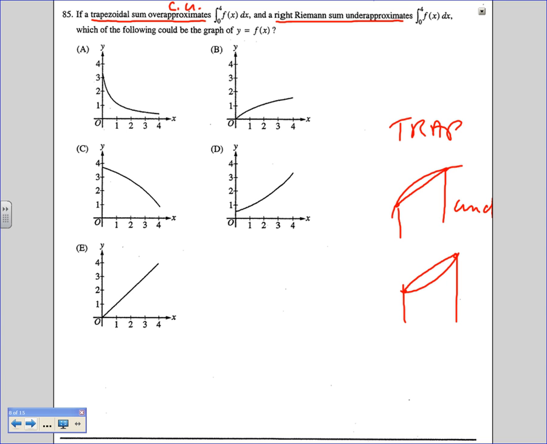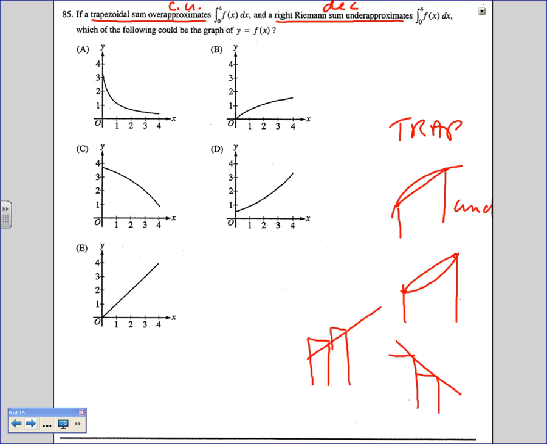If it's an increasing function and we're using rights, it's going to over approximate. If it's a decreasing function and we're using rights, it's always going to under approximate. So it must be decreasing. Remember, with rights and lefts, we're talking about increase and decrease in terms of over or under approximating. With trapezoidal, we're talking concavity.